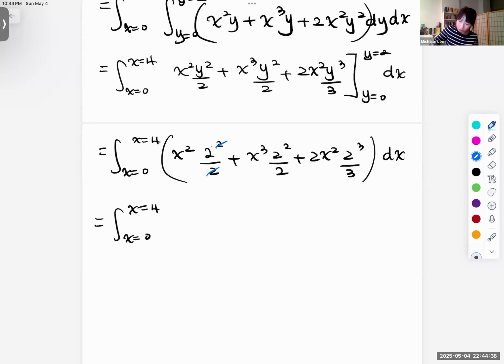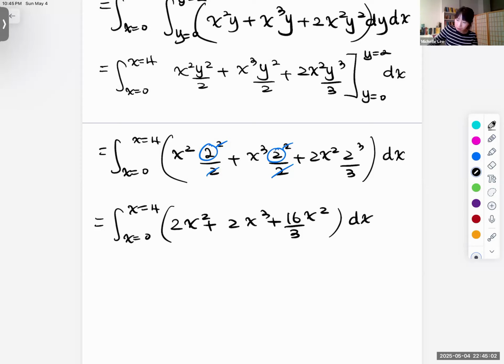Okay, so we can simplify. So there will be 2x squared plus 2x to the third power plus that will be 16x squared over 3, yeah? dx.